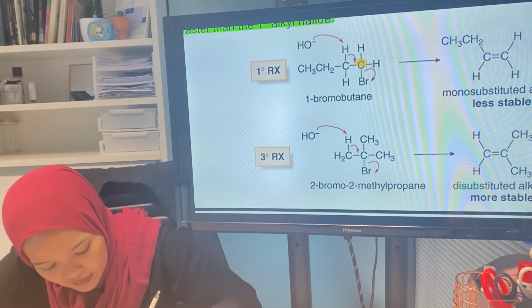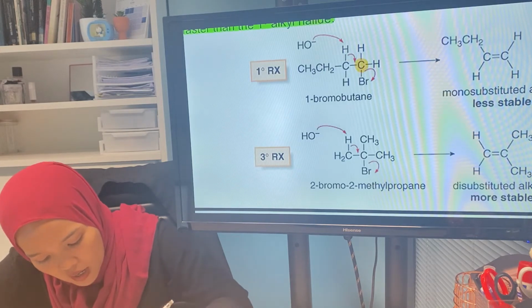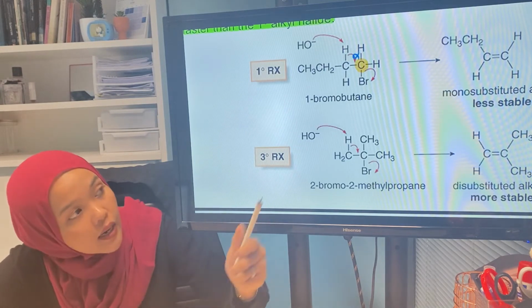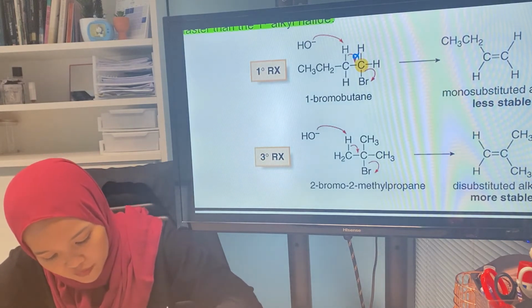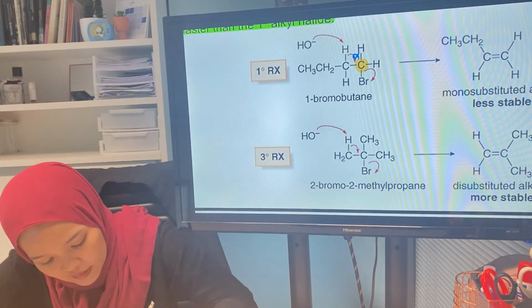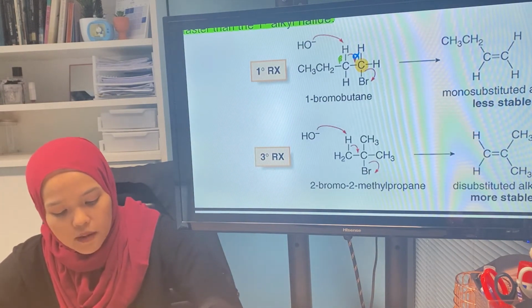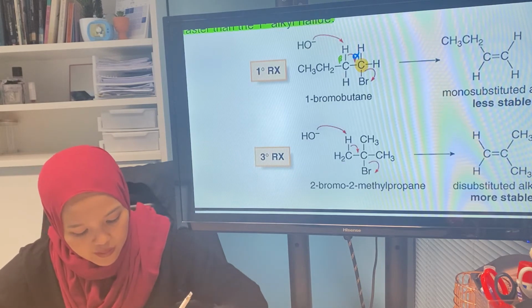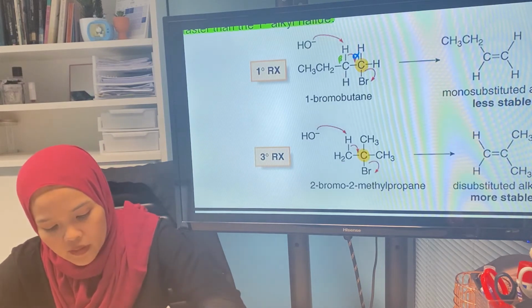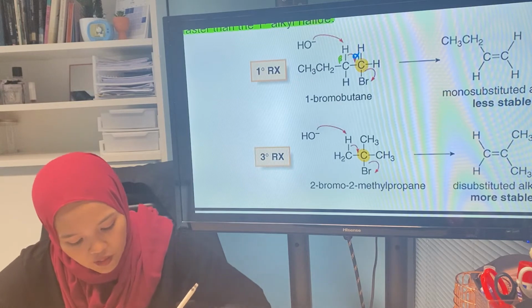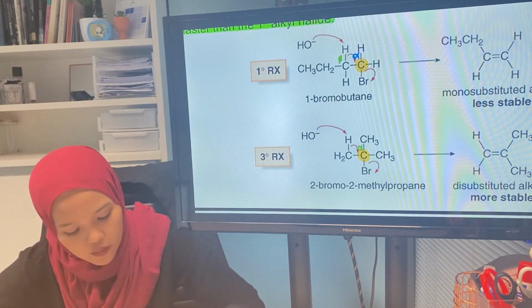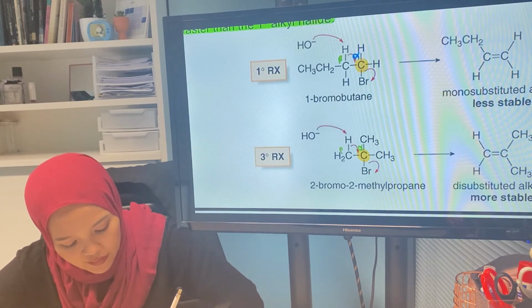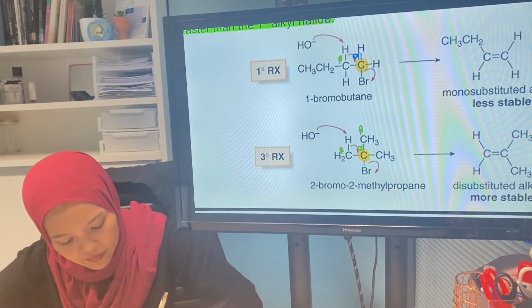So look at these types of alkyl halide. Look at this carbon. This is your alpha carbon. The alpha carbon here is attached to only one beta carbon. But if you look at the second one, your alpha carbon is here, and your beta carbon, and beta carbon.